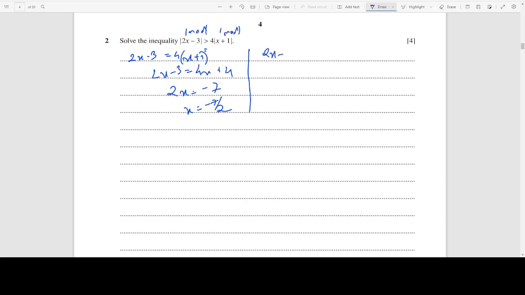So 2x − 3 equals −(4x + 1), 2x − 3 equals −4x − 4, 6x equals −1, x equals −1/6.